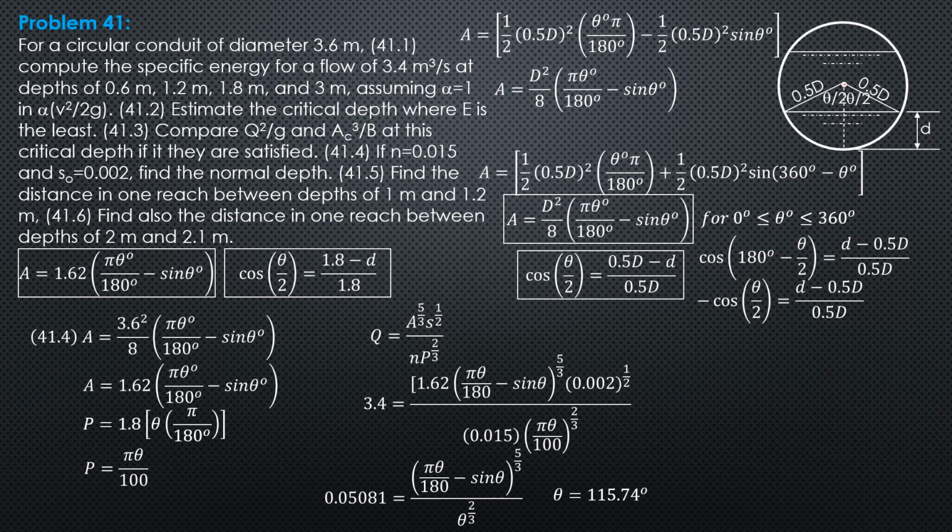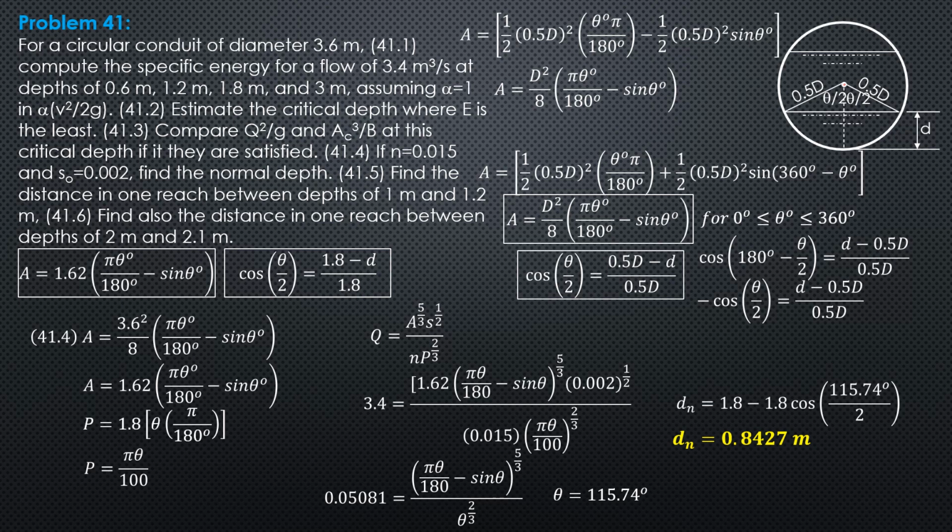The depth is 1.8 minus 1.8 cosine of theta over 2. Normal depth is 1.8 minus 1.8 cosine of (115.74 degrees over 2). So the normal depth is 0.8427 meters.